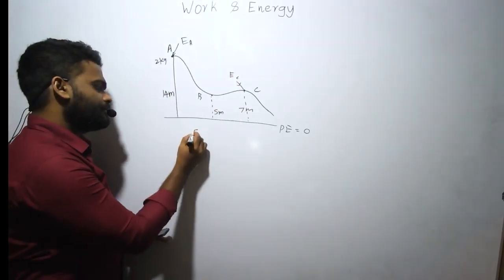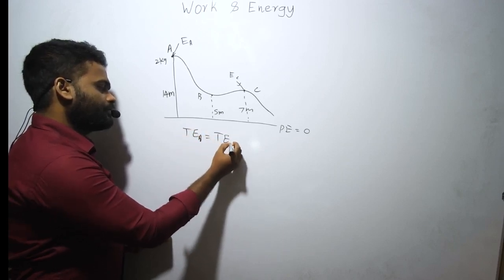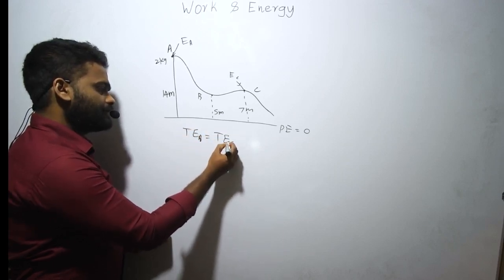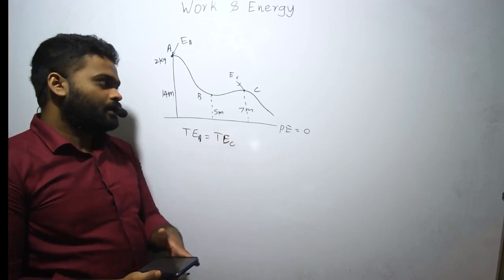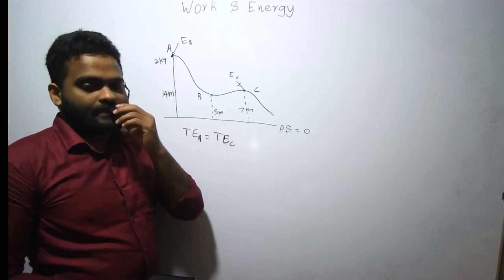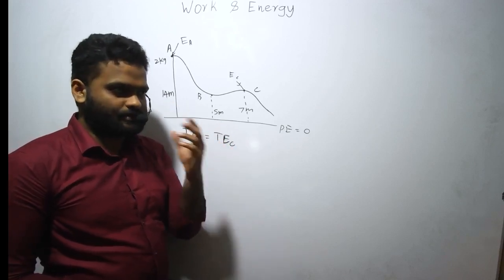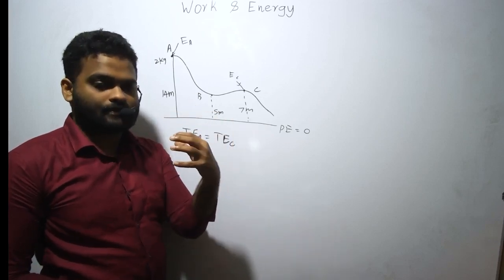That's what you can say, because there cannot be any energy loss. No friction, no energy loss. The advantage of work and energy is that you don't have to think about directions. You only have to think about magnitudes, the transfer of energy.